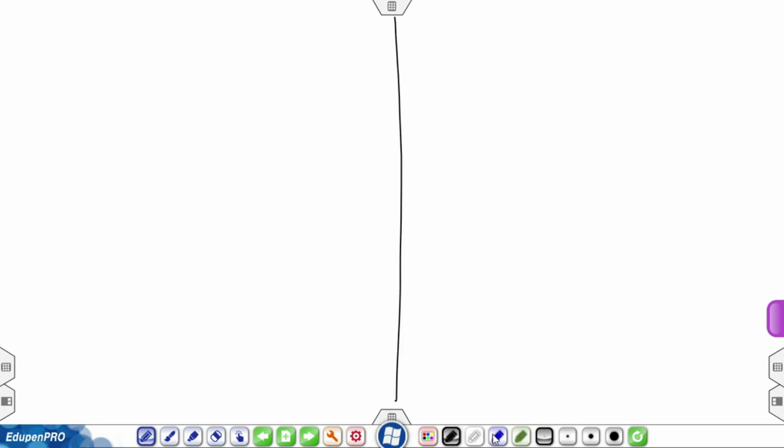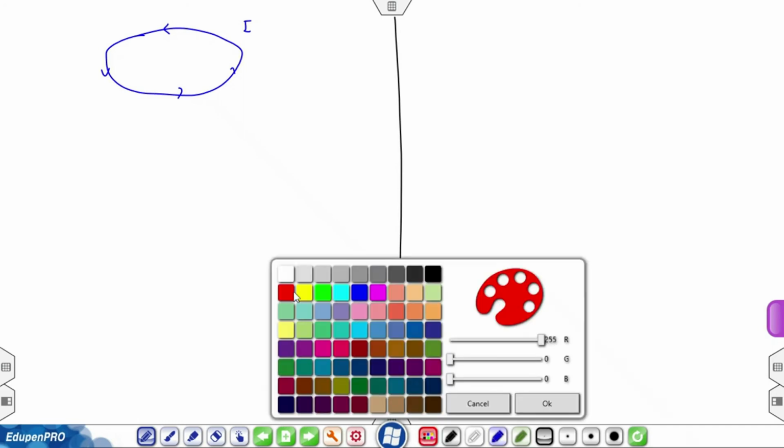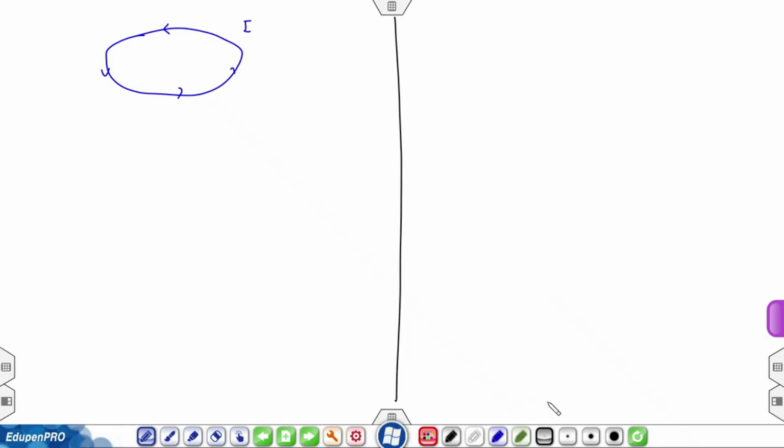So, we have been given this current carrying loop I, and I want to calculate the field at some point P by that Biot-Savart integration.